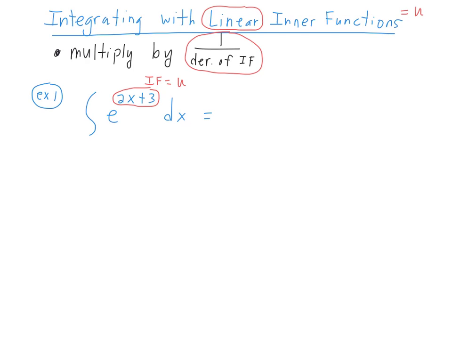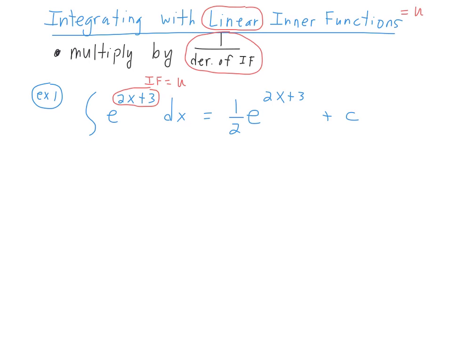So when we integrate e, we know we're going to get the same thing back. So we're going to have e raised to this 2x plus 3. But then we're going to need to multiply by 1 over the derivative of that inner function. Well, the derivative of 2x plus 3 is just 2. So if it's linear, it's just going to end up being the number in front of x. So then we would end up with plus c.